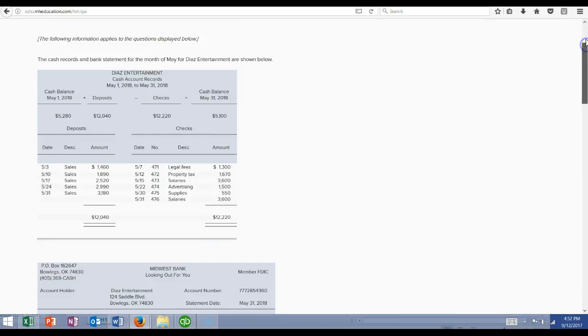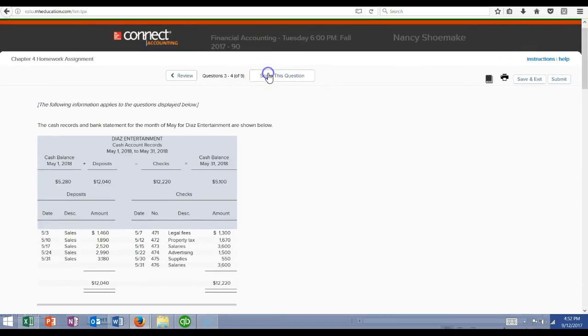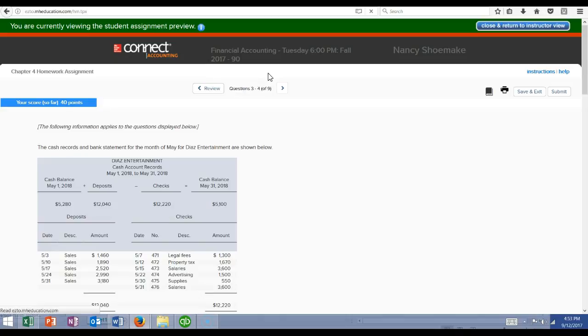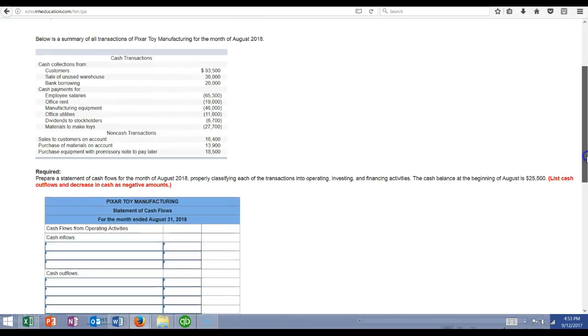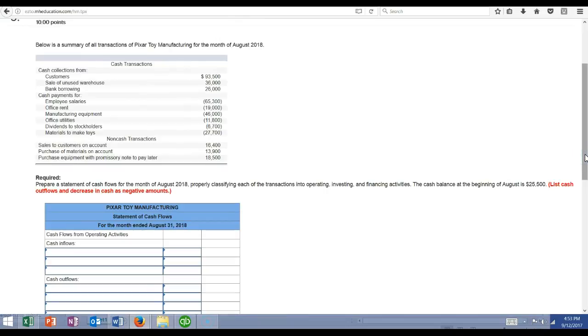Now the last one I'm going to show you is to go through a statement of cash flows. The key with the statement of cash flows is really looking at each one of these collections and payments and discussing, is it operating, is it investing, or is it financing?